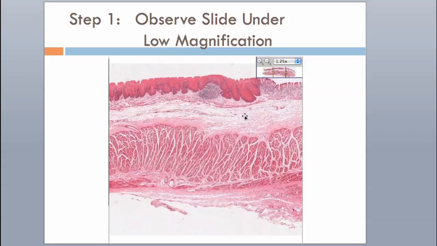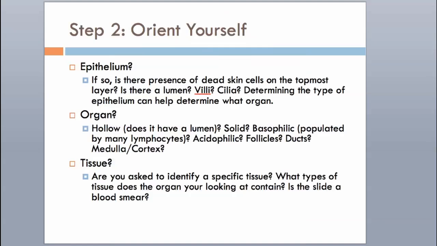Additionally, you can also see some connective tissue and some muscle tissue within this slide, both of which help confirm to me that this is probably epithelium, as you really frequently see muscle and connective tissue below layers of epithelium. It's pretty standard.